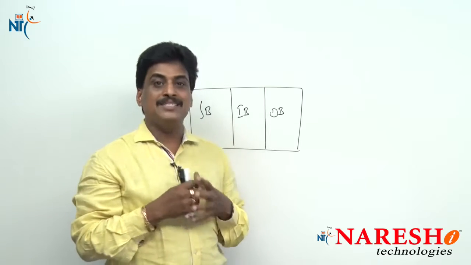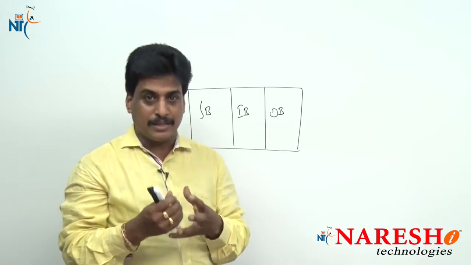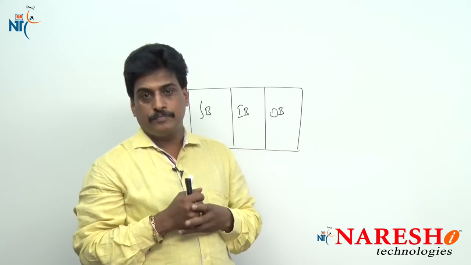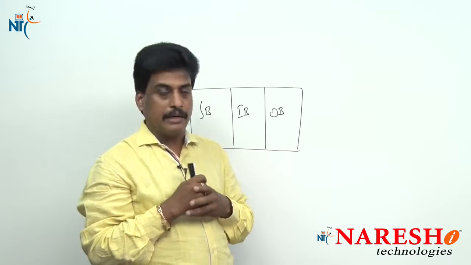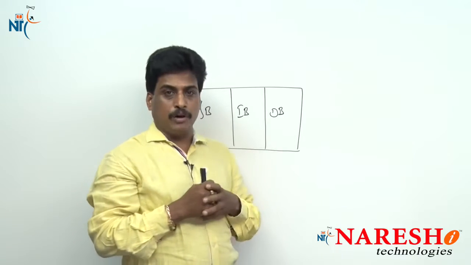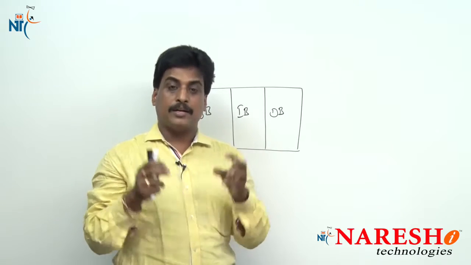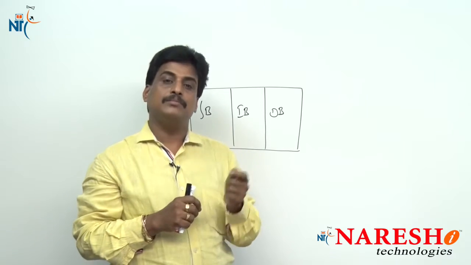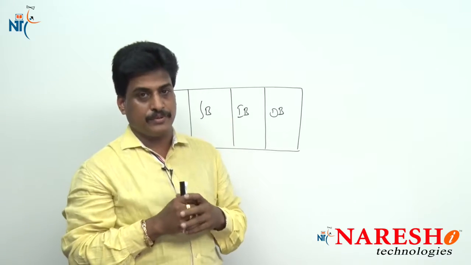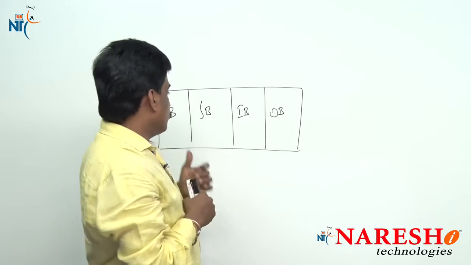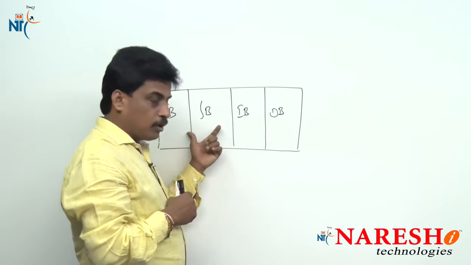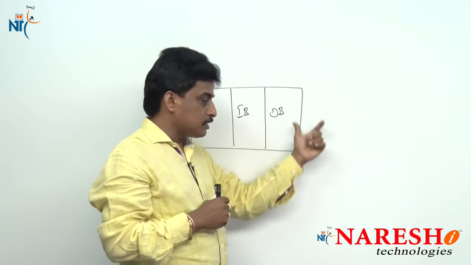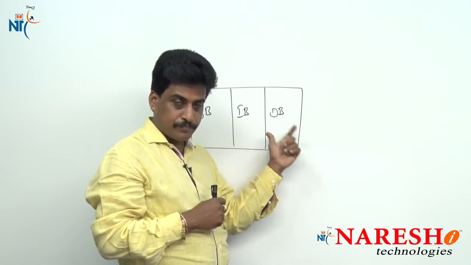Inode block, I means index, it contains a unique number. It contains type of the file, mode of the file, etc. And data block, where the real data is stored. So the file system organization is classified into 4: boot block, super block, inode block, data block. So real user data is stored in this block.